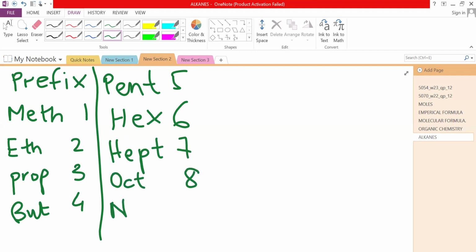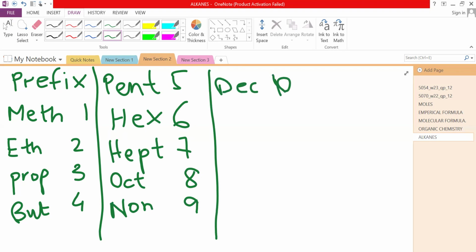Ninth prefix is non, which means 9. And the 10th prefix is dec, which means 10. You have to memorize these prefixes from 1 to 10 to write the molecular formula in organic chemistry.